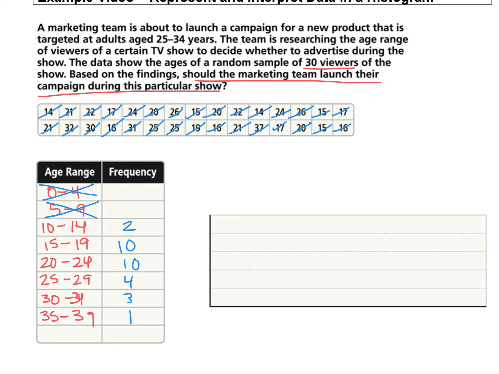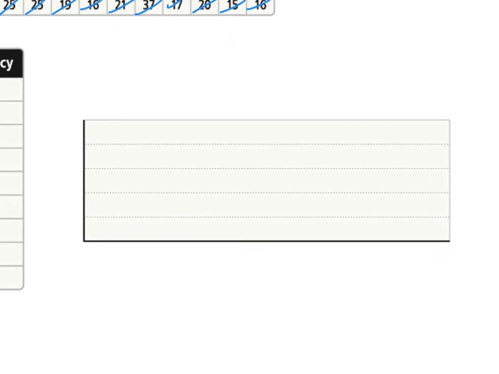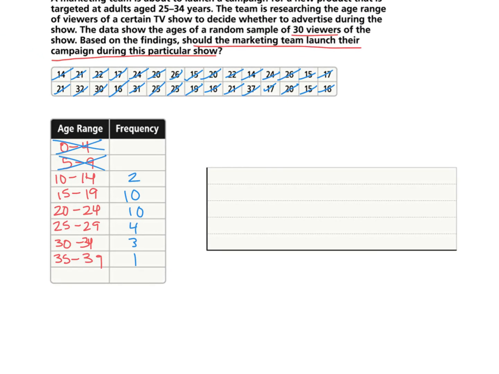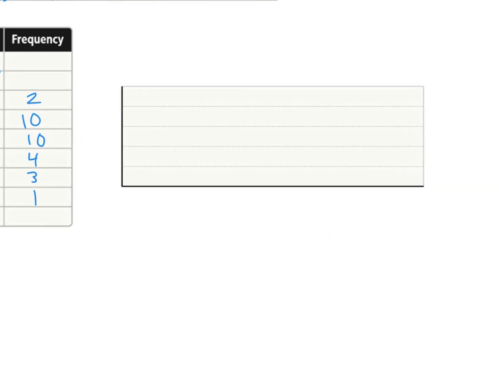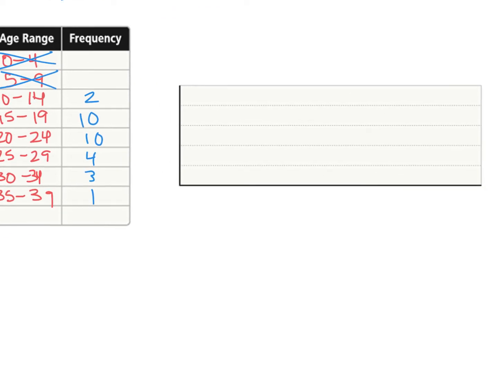Okay, now to make the histogram, we're going to do the intervals first. So the intervals, 0 to 4, 5 to 9, that's how we started. How many do we need? 1, 2, 3, 4, 5, 6, 7, 8.